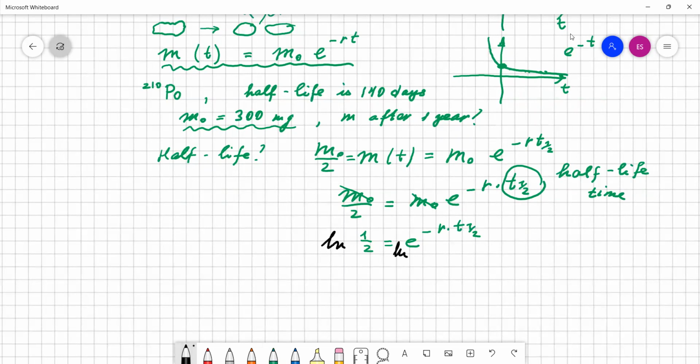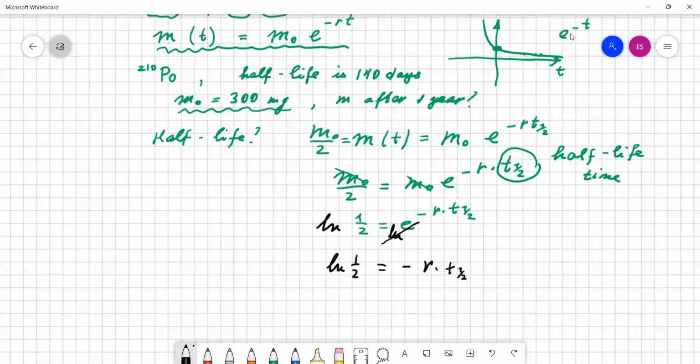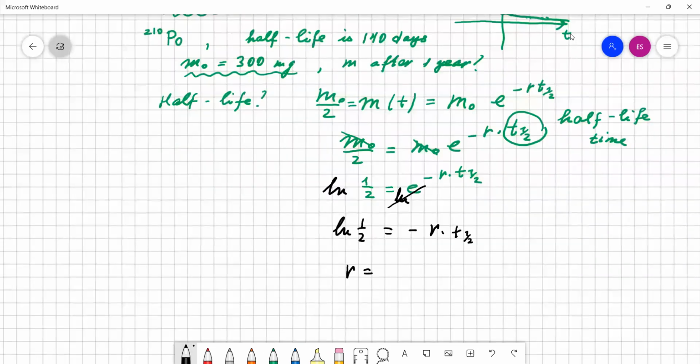Here ln stays, and I get ln of 1/2, and here ln and the e cancel, and I have negative r T1/2. Now I'm going to calculate r, because I know the half-life. So r equals minus ln of 1/2 divided by T1/2.